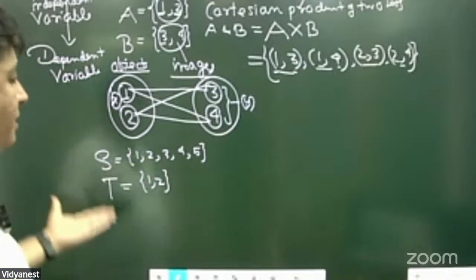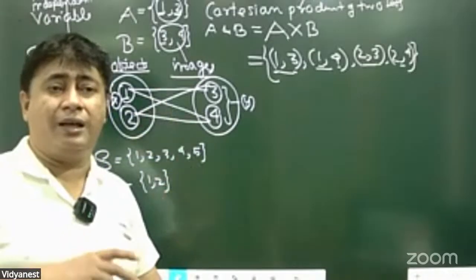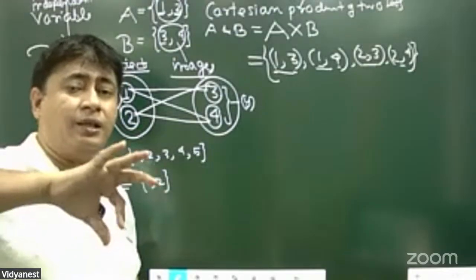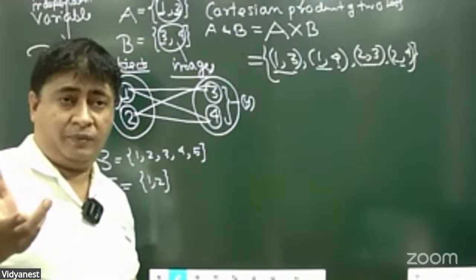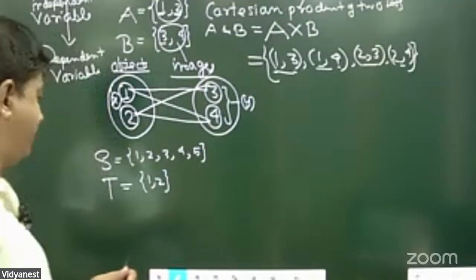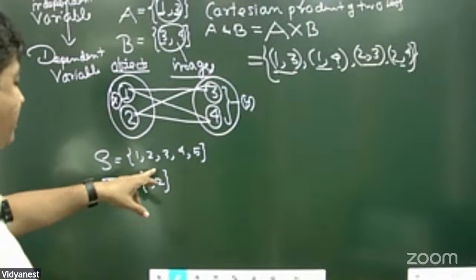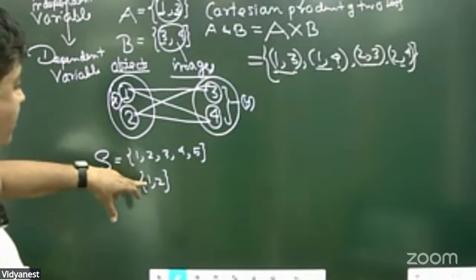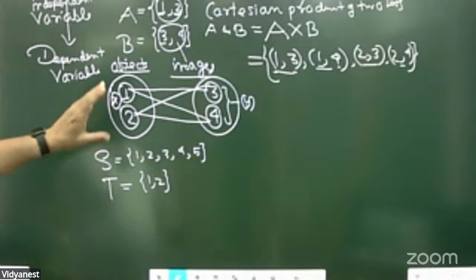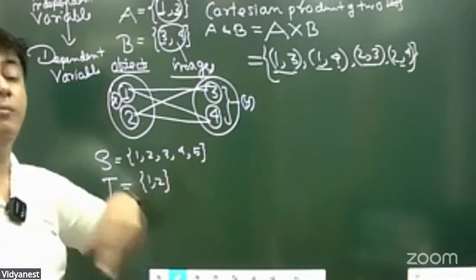So how can I compare this to this? This comparison you got even in junior classes in the strictly less than, or less than equal to concept. See, these 1, 2 elements in set T are also the elements of set S, but the set S has some more elements.